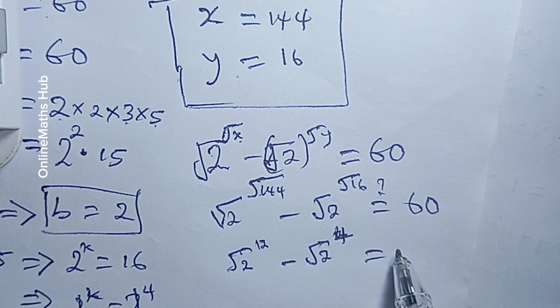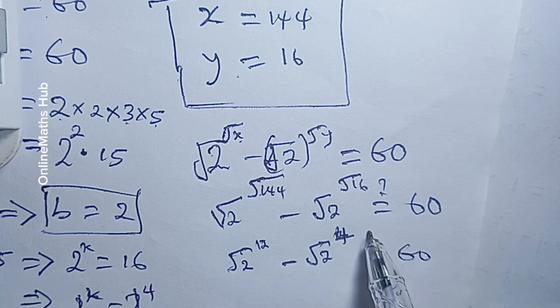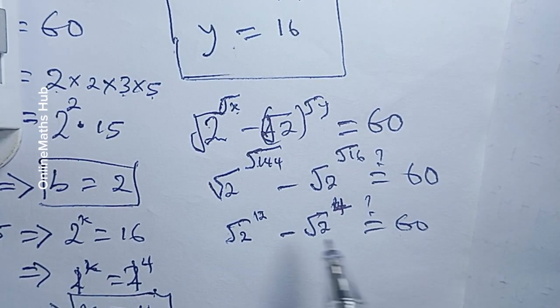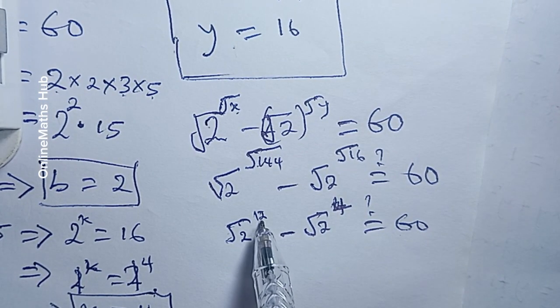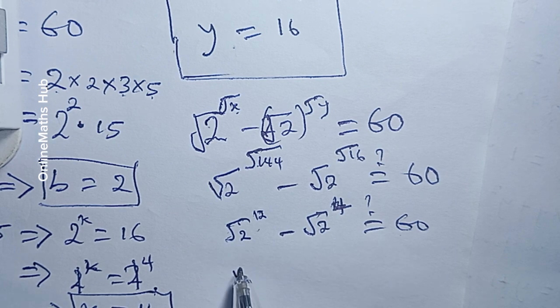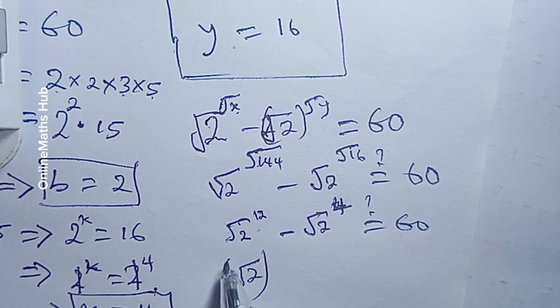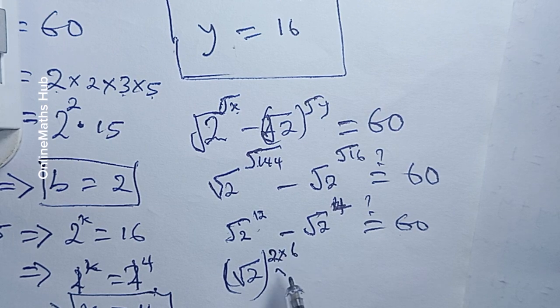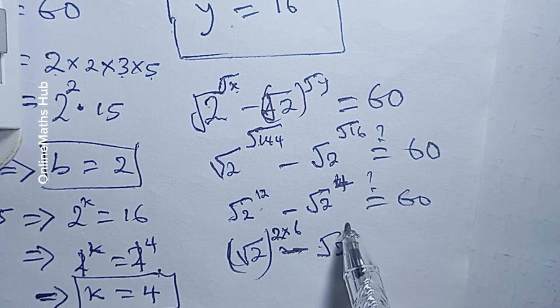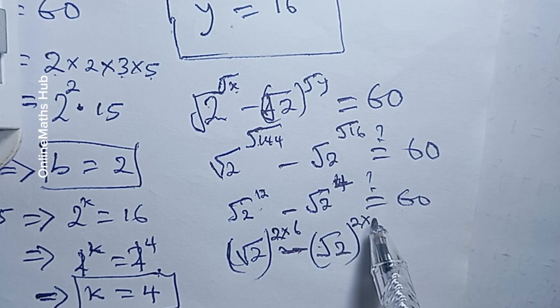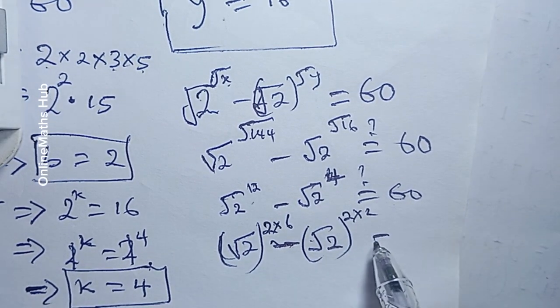We want to find out whether this will be equal to 60, and then we can actually write this 12 right here as 2 times 6. Okay, minus, we can also write this 4 here as 2 times 2.